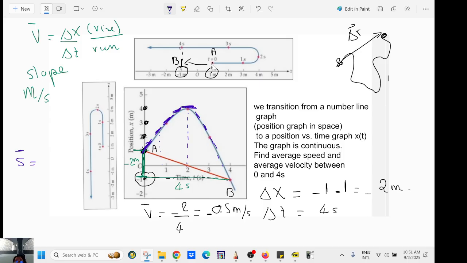Is that 8? 1, 2, 3, 4, 5, 6, 7, 8. Do you agree? The total distance. You take a meter stick, you measure from here to there, and then all the way back. So that's going to be the distance over the time. So average speed is going to be 8 divided by 4, which is 2 meters per second.